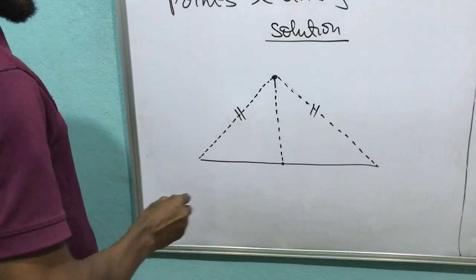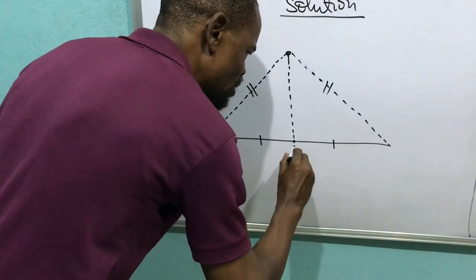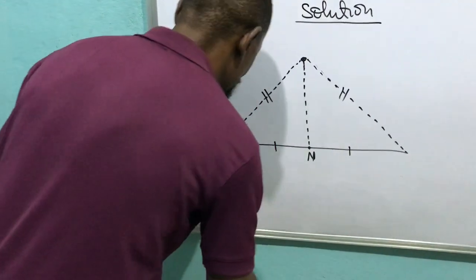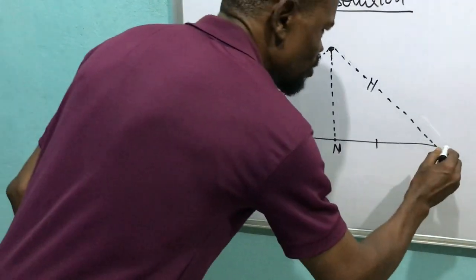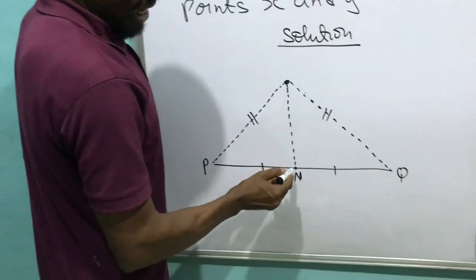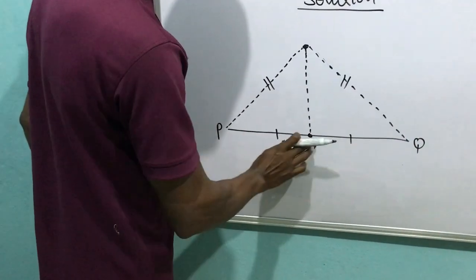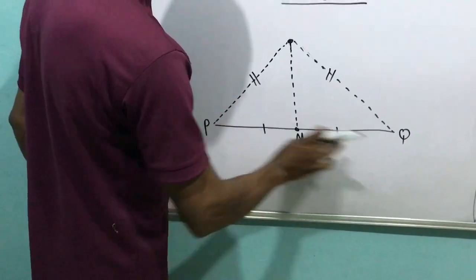Are you getting what I'm saying now? And also this line is equals to this line. If I call this point P, and I call this one Q, that means this point N is a bisector of this line P, Q.